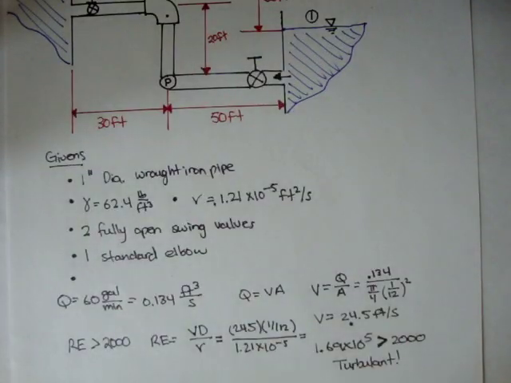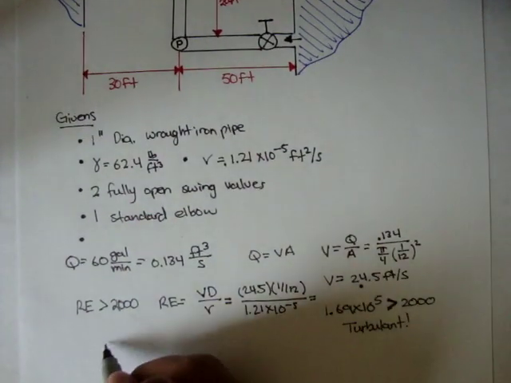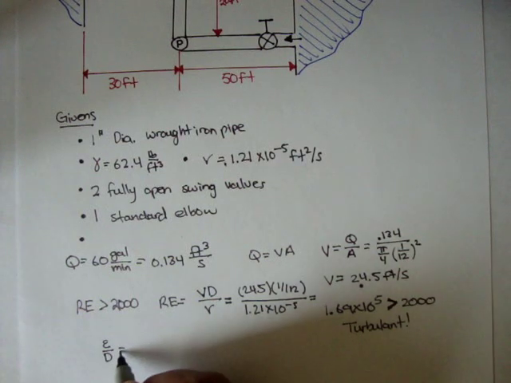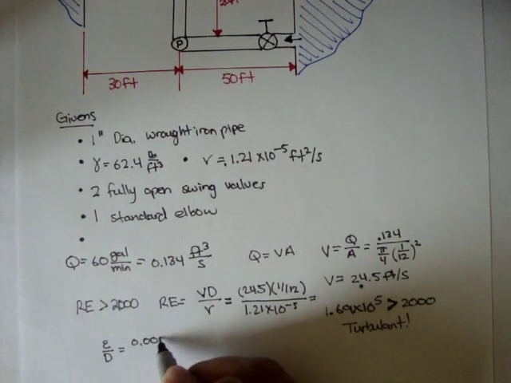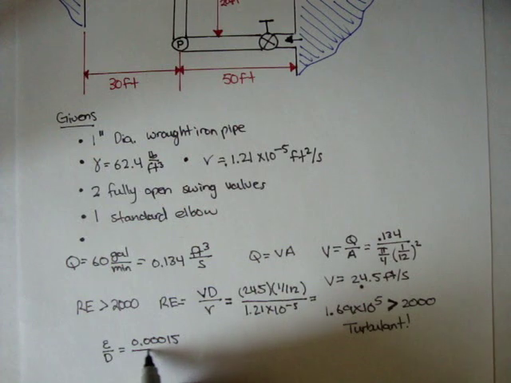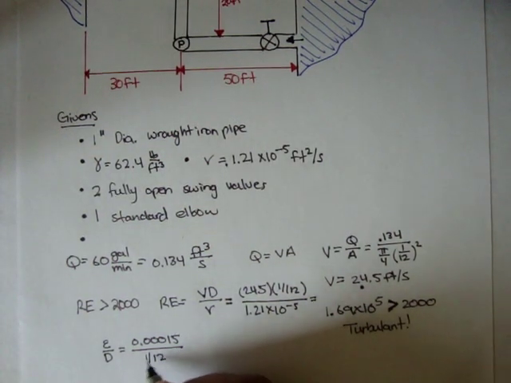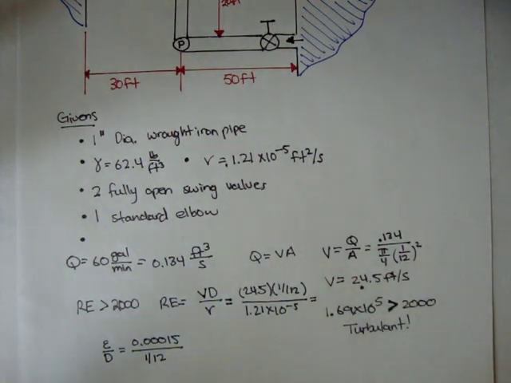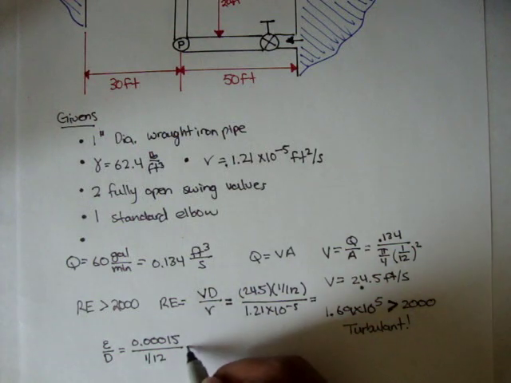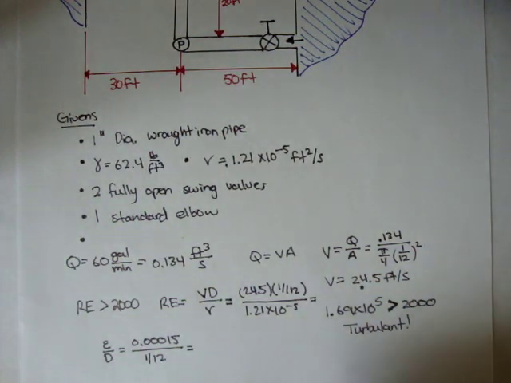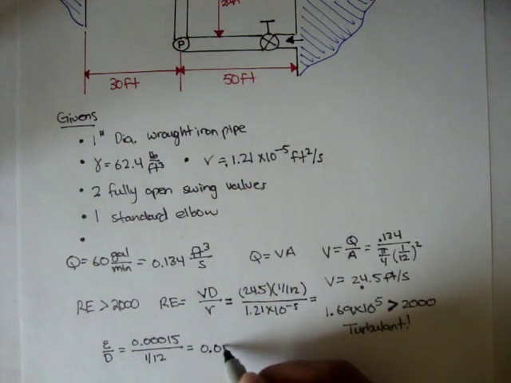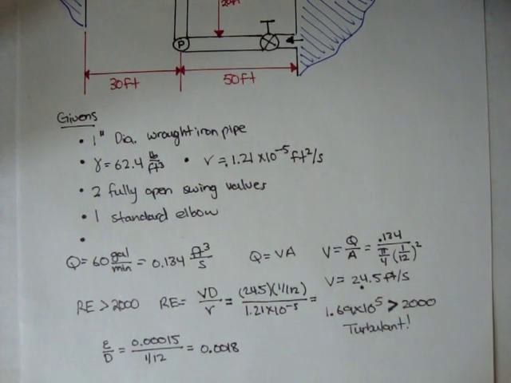So our relative roughness, or epsilon over diameter, is going to be 0.00015 over the diameter of the pipe. Now the diameter of the pipe is 1/12, or 1 inch, right? Because 1 inch divided by 12 is the equivalent in feet. So the relative roughness is about 0.0018.